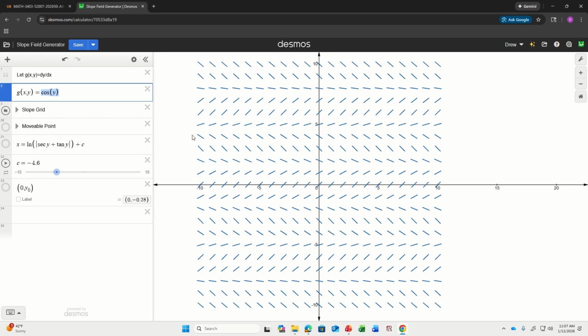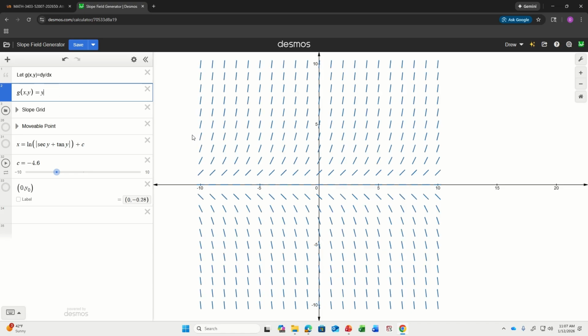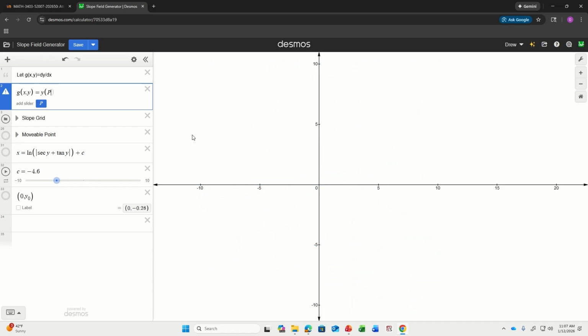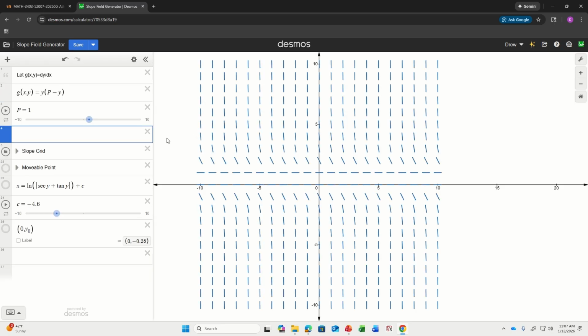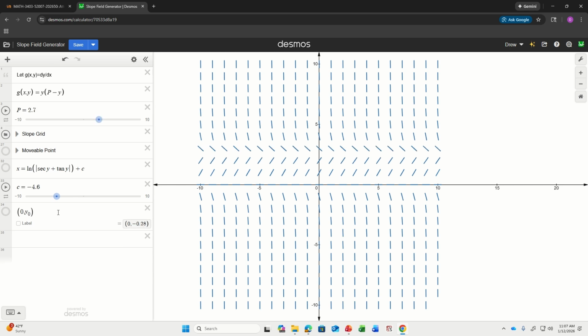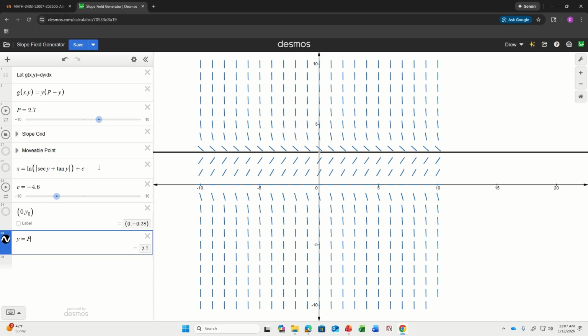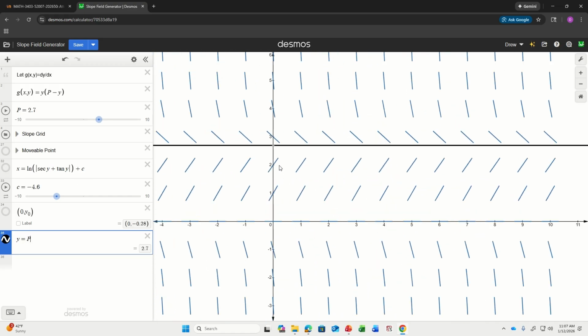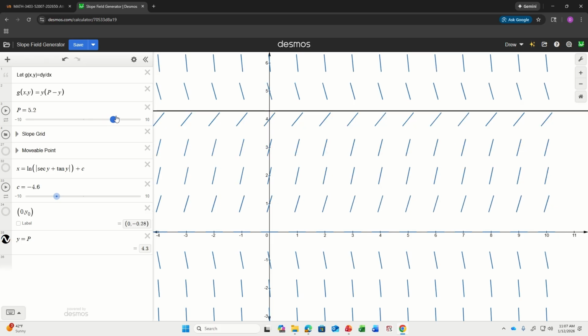Our differential equation was dy dt equals k times y times p minus y. So I have this constant p that represents what the total population would be, right?